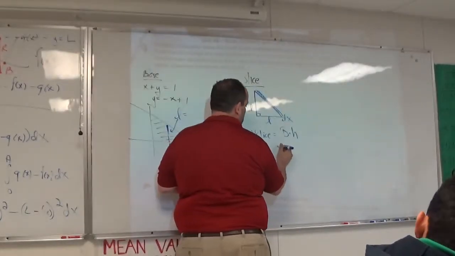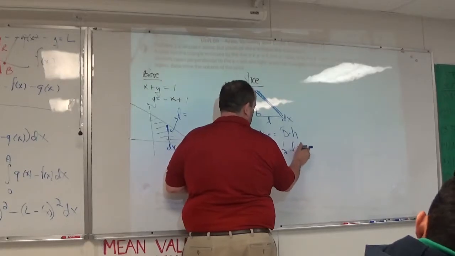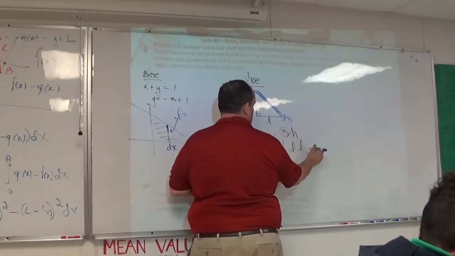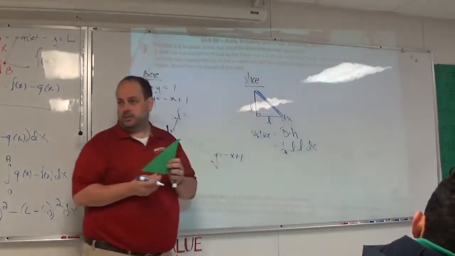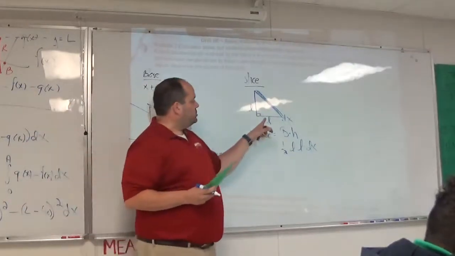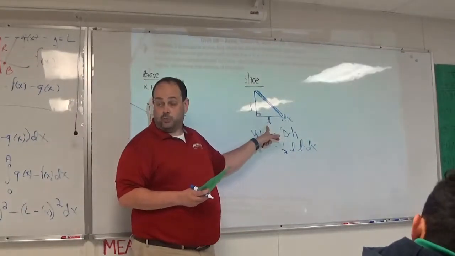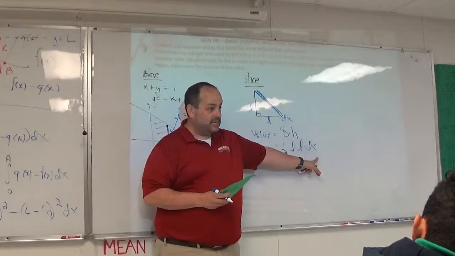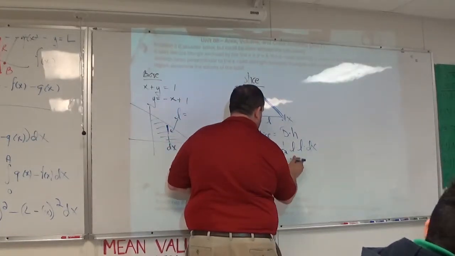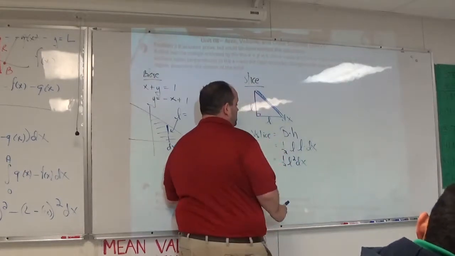Well, it's a triangle. 1/2 times your little base times your little height times your thickness. Some of you maybe went straight to base times height divided by 2 times the dx, because the dx is your thickness. So your volume here is 1/2 L squared dx.